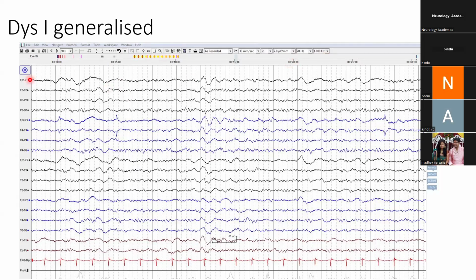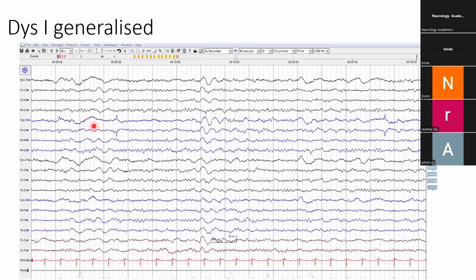First will be the left parasagittal chain, followed by the right parasagittal chain, then the left temporal chain, right temporal chain, and the midline central electrodes, followed by the EKG electrodes. All these EEGs will be followed by a referential common average reference.